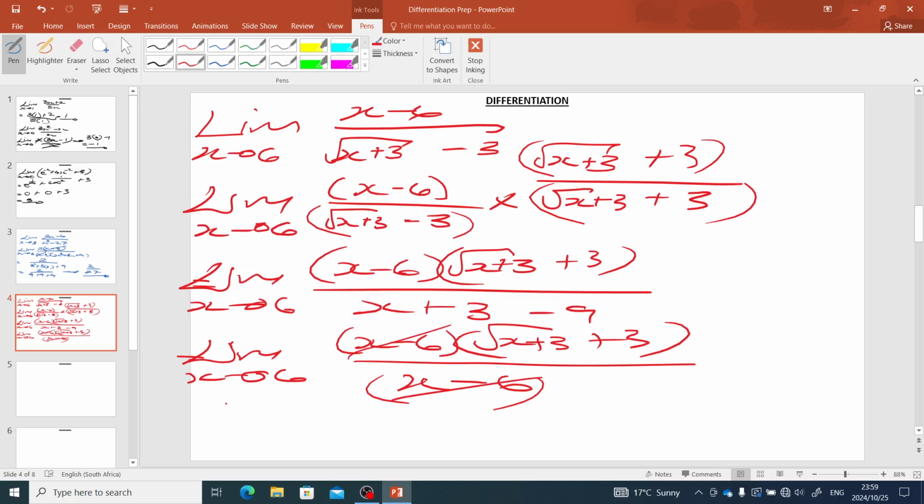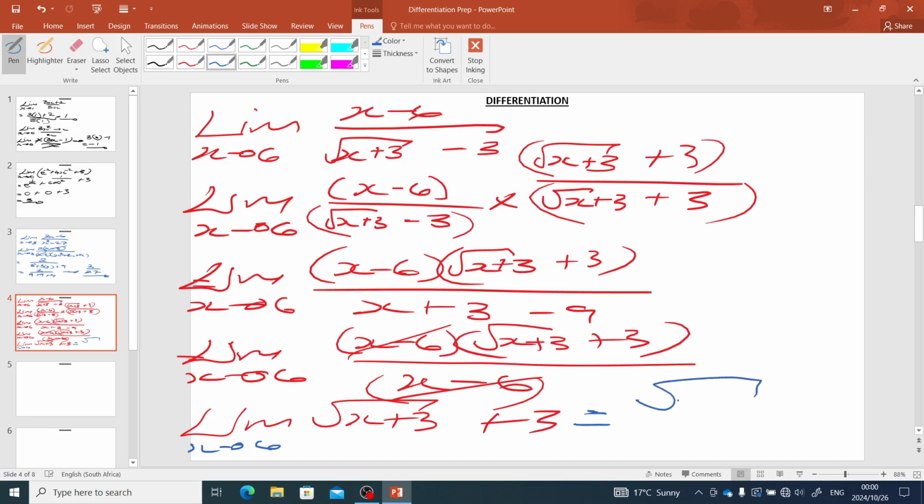From here we are left with the limit of the square root of x plus 3 plus 3. Then we can do the direct substitution. As x approaches 6, we will have the square root of 6 plus 3, plus 3.